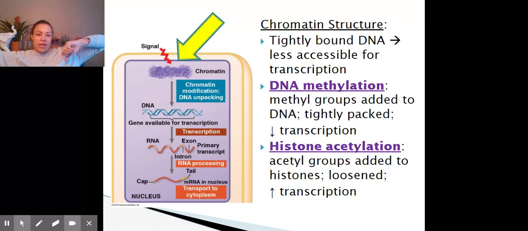If DNA is relaxed, then transcription can be performed and it is available for gene expression. So methylation decreases transcription, acetylation increases transcription. That's the first thing, how tightly packed our DNA unit is.